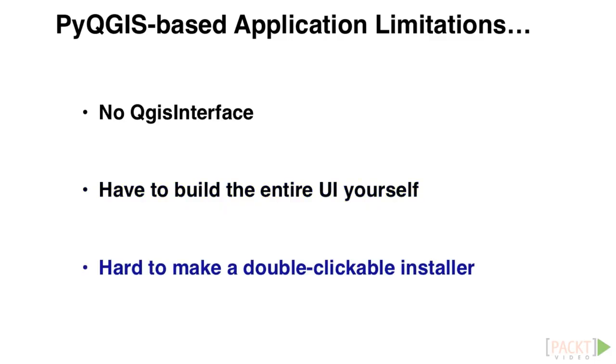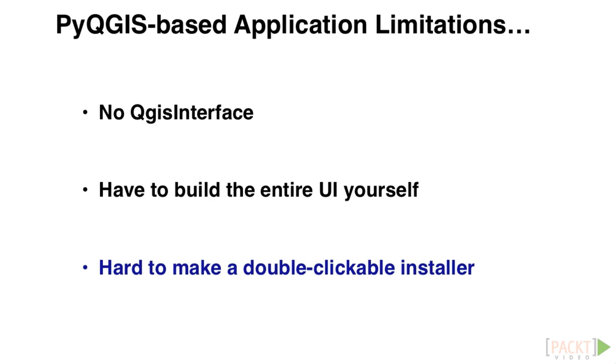Finally, the fact that your Python program depends on the PyQGIS library that is built into the QGIS application makes it tricky to create a double-clickable installer for your program. There is one PyQGIS application for Windows that has successfully extracted the required PyQGIS libraries and installs them separately, but this is a very involved process and there's currently no solution for doing this on Mac OS or Linux.